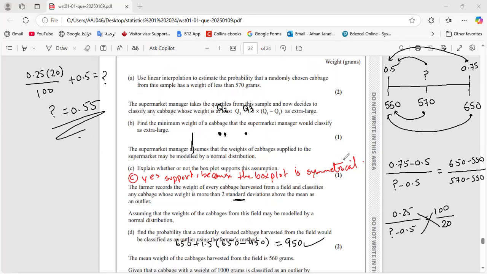Okay. The farmer records the weight of every cabbage harvested from a field and classifies a weight more than 2 standard deviations above the mean as an outlier.